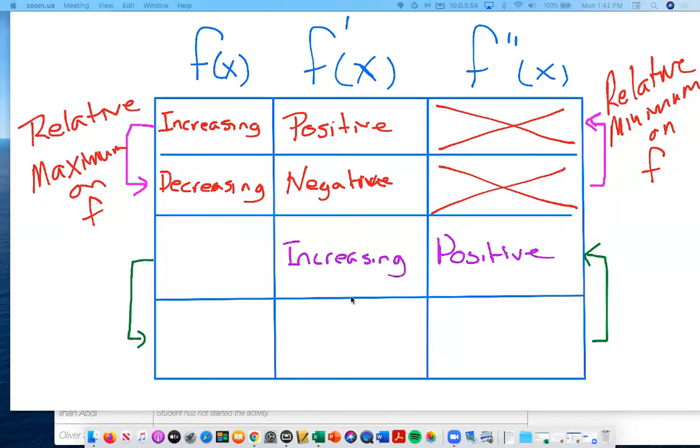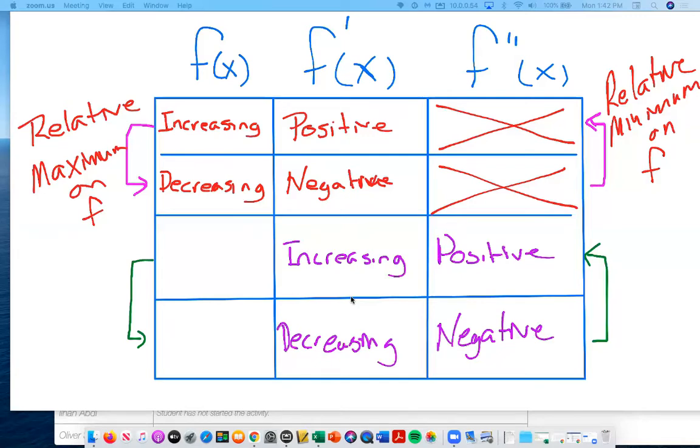Because the second derivative is the derivative of the first derivative, it should have the same relationship as f and f prime. f prime and f double prime should have the same kind of relationship when you think about it. Does that make sense? And so you can bet that I'm going to write decreasing here, and I'm going to write negative here.